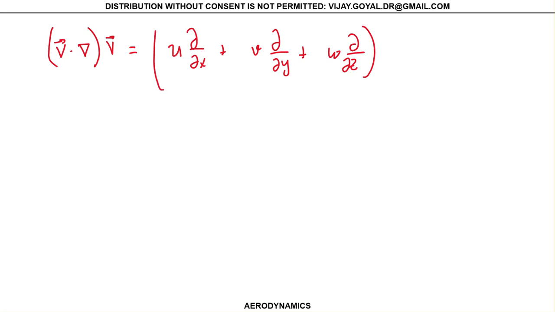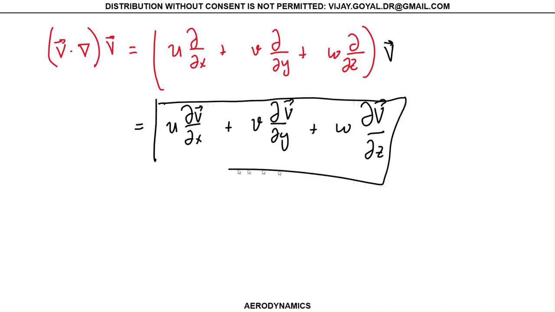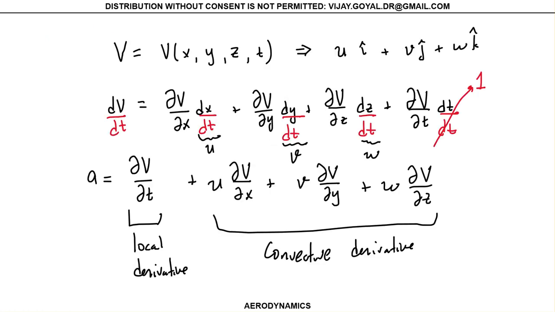All of this, and I want to multiply v. So when I do this, then you basically end up with u partial of v respect to x plus v partial of v respect to y plus w partial of v respect to z. And note now that this term right here that I just derived for you is actually identically equal to this term that we have here, right?